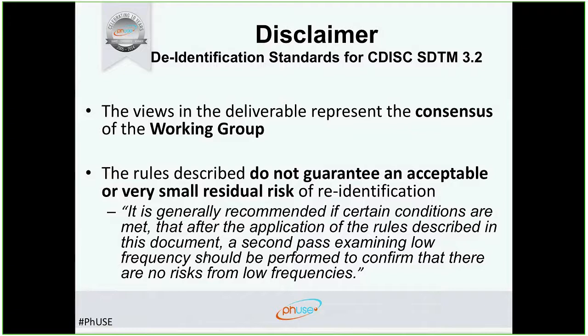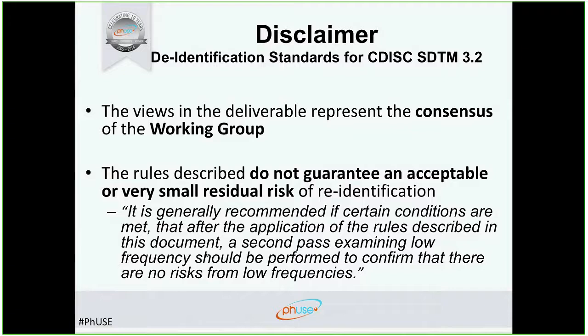But when we defined that standard, we decided to really force ourselves to not try to reflect every flavor that is available in the industry in terms of the identification, but be able to link one given rule to one given scenario to really maximize the chance of having consistency in how the data is identified. Also, the rules that are described do not guarantee an acceptable or very small residual risk of identification.